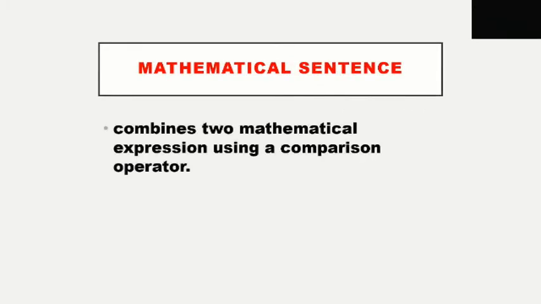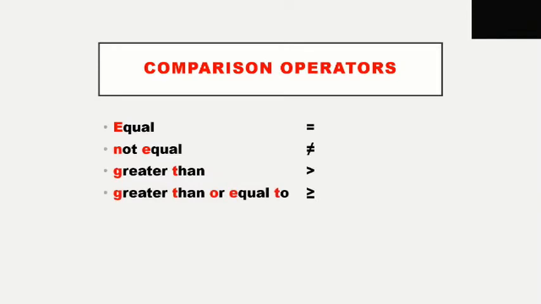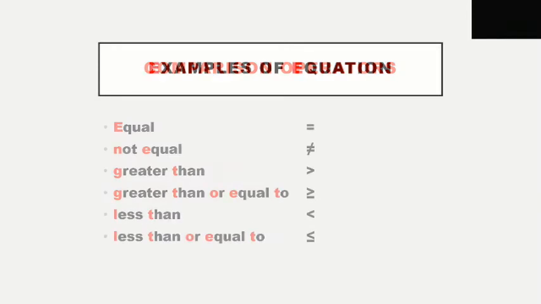Mathematical sentence. It combines two mathematical expressions using a comparison operator. These comparison operators are the equal sign, not equal, greater than or equal to, and less than or equal to.